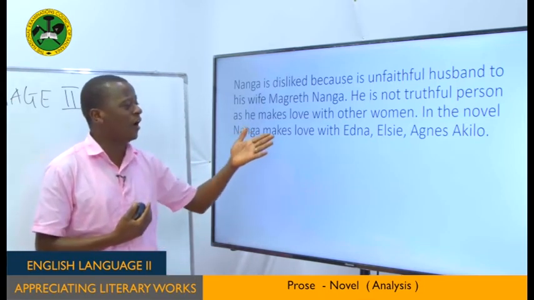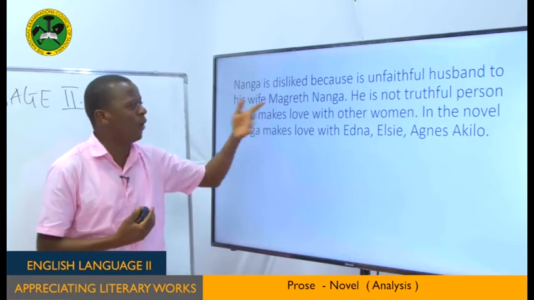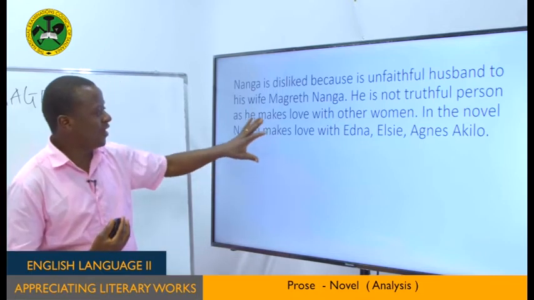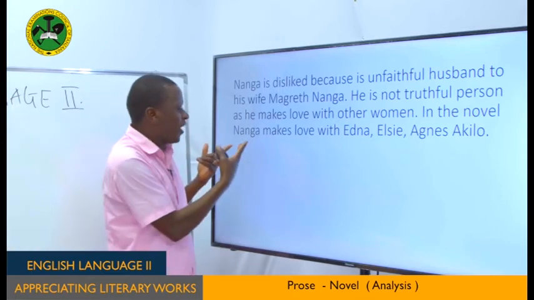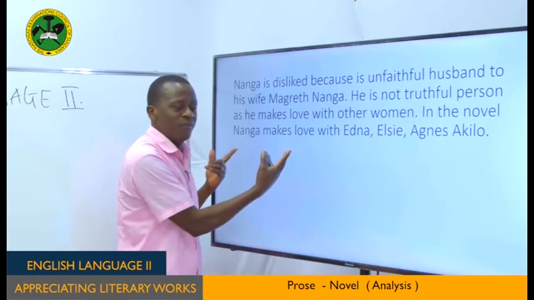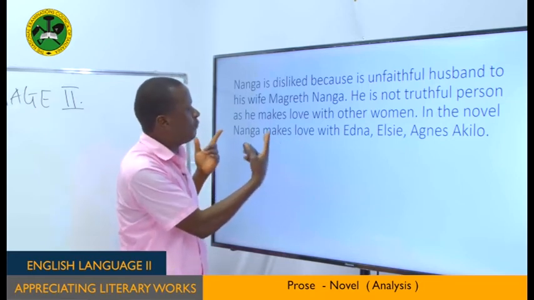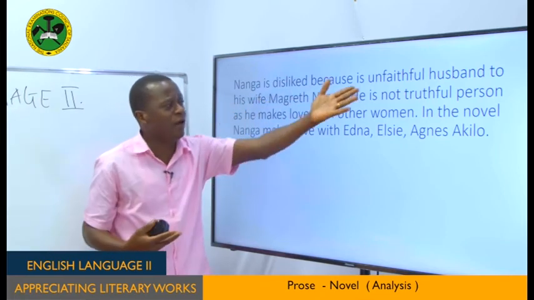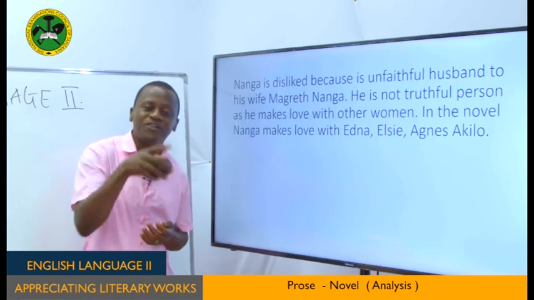Nanga endangers the life of his wife, Margaret. Now, having said so, my dear students, you also have to have two or three lines to tell. Do we have people like Nanga who are unfaithful in your society?